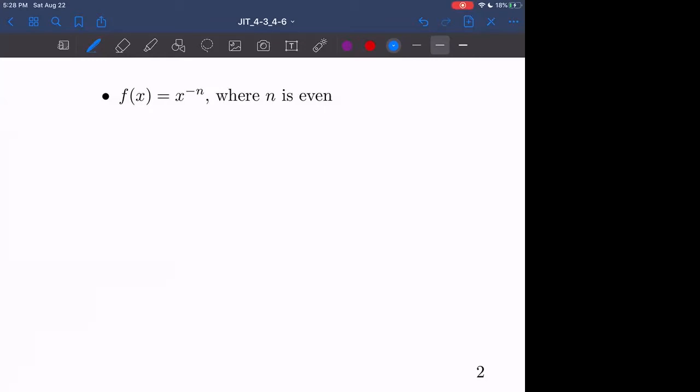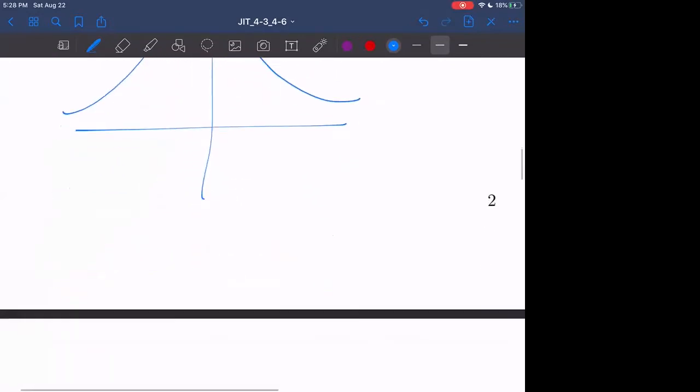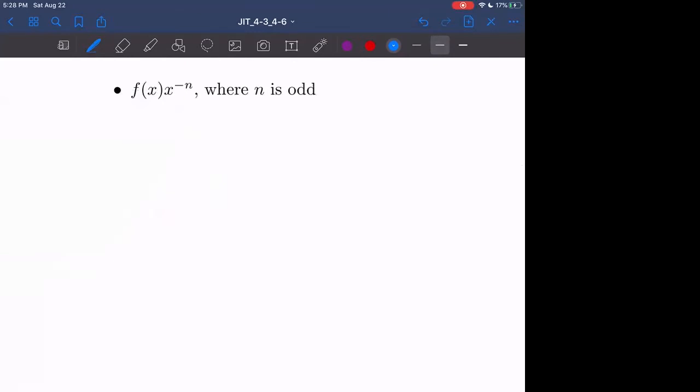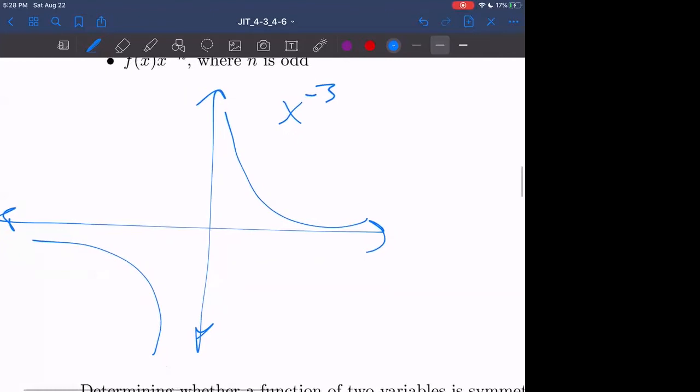Where n is even, it would be something like x to the negative 2 maybe. And if n is odd, it might be something like x to the negative 3, and it'd take on that basic shape.